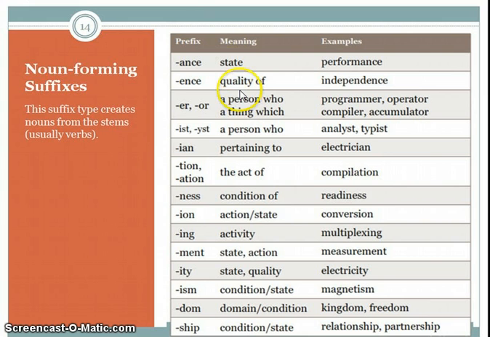So if we look at state or quality of, or shun, the act of, and the person who does something, program, programmer, operate, operator. And we can go through each one of these and begin to see what their different meaning is. So when you look at a word, remember to look at the ending, look at the suffix. What does that tell you about the word?